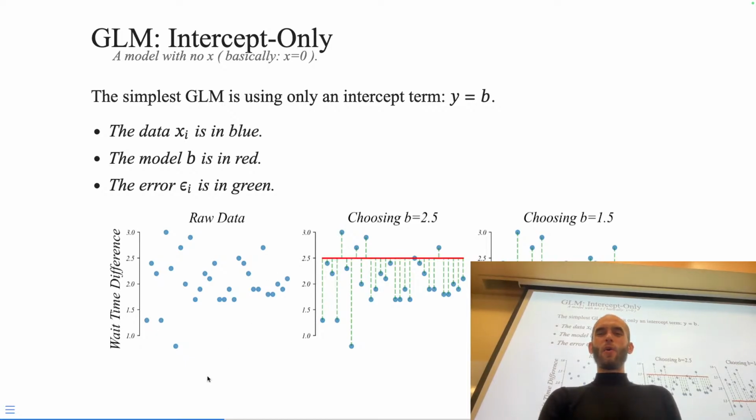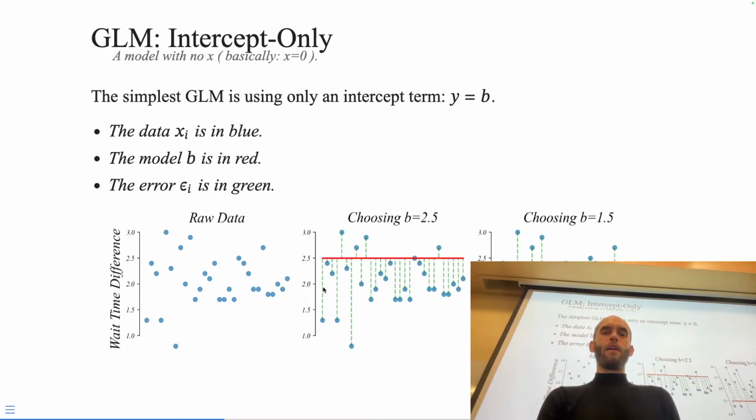Okay, so if we choose a b that's large, so b is equal to 2.5, the intercept is running through 2.5. What I've done here is plot out the error terms in green. So the model is in red, and the error terms are in green.